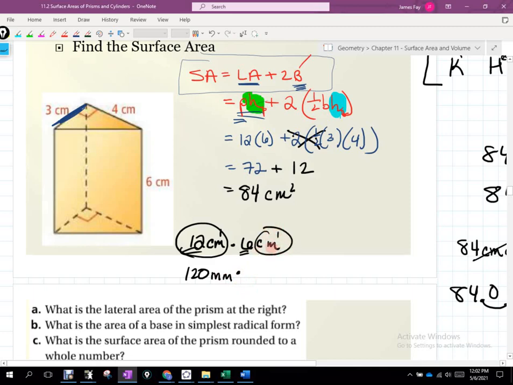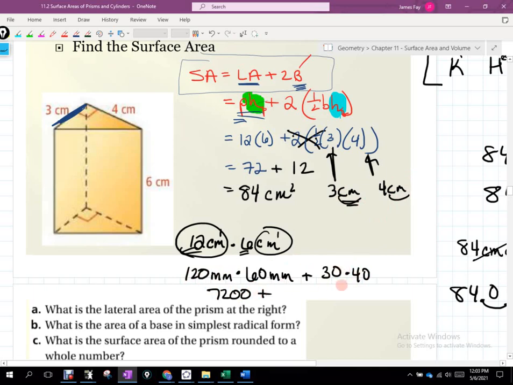How many decimal places would you move to the right to get to millimeters? 1, so you get 60 millimeters. This one here would have been 3 centimeters, that would have been 4 centimeters. How do you get them to millimeters? It'd be 30, that moves 1 to the right. This would be moved 1 to the right, and that would give me 40.